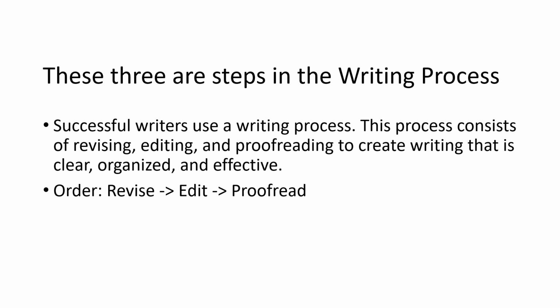And then this draft should, of course, be first revised, edited, and eventually proofread before it is submitted. Okay? This process consists of revising, editing, and proofreading. For what? To create writing that is clear, organized, and effective.